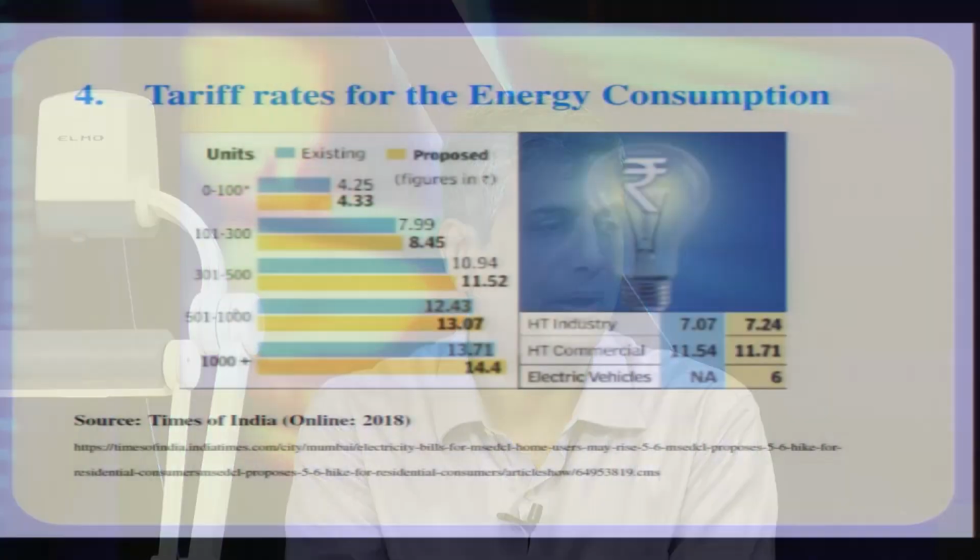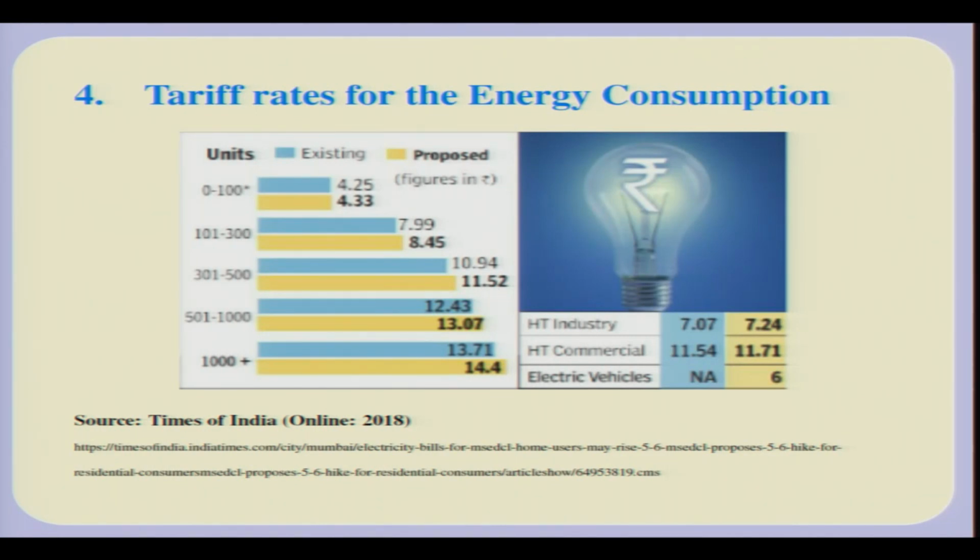Just to give you an idea, if you draw up to 100 units in a month, you have to pay 4 rupees 25 paise per unit of electricity. Of course, if you are a heavy consumer, the electricity board charges you more. This tariff chart gives you an idea of the kind of tariffs we have for energy in our system.